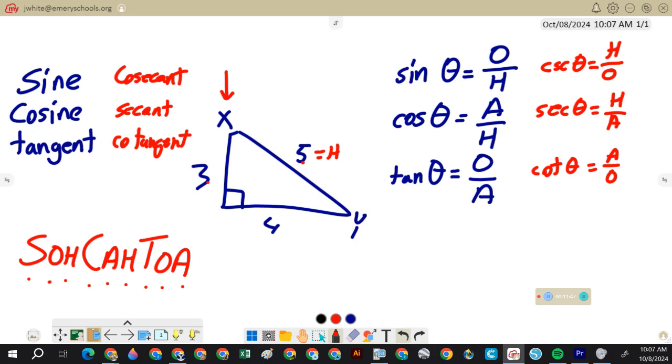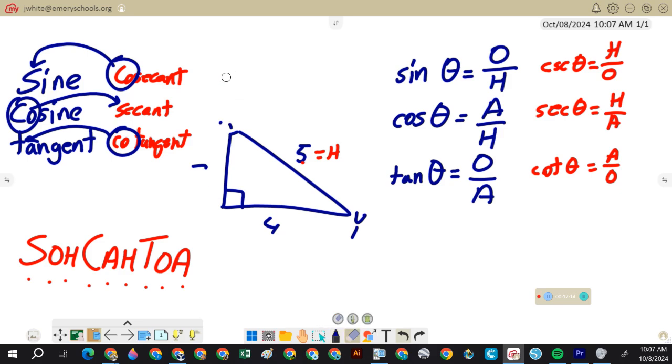Okay. The way I remember that is for each one of these, this has a co and that one does not. This has a co and that one does not. This has a co and that one does not. So sine is the reciprocal of cosecant, and cosine is the reciprocal of secant, and so on.